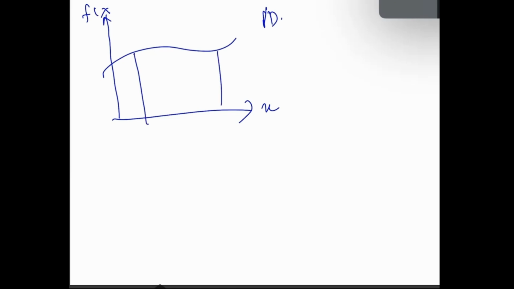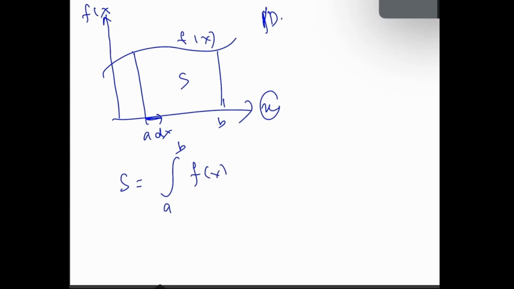This one is the area under this 1D function. So how to find the area? Let's say this is A and B. The area equals the integral from A to B of f(x) dx. This one is a single integral.